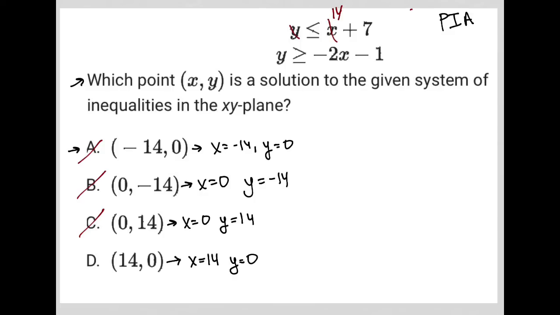If x is 14 and y is 0, then is it true 14 plus 7 is 21, and 0 is less than 21? Yep, that's true. And how about here? When y is 0 and x is 14, we get negative 28 minus 1, so altogether this becomes negative 29. Is 0 greater than or equal to negative 29? Yes, that's also true, and that's why choice D works.